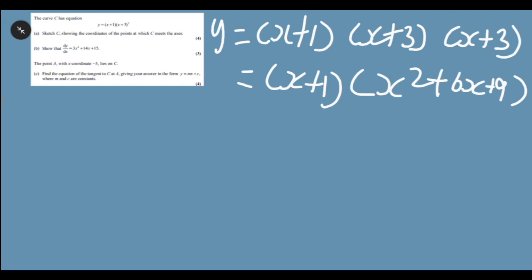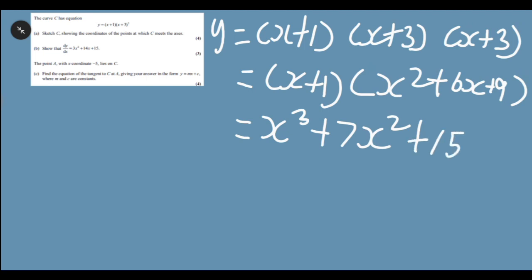And then when we expand this one out, this would give us x cubed plus 7x squared plus 15x plus 9. This is the full expanded version of curve C.